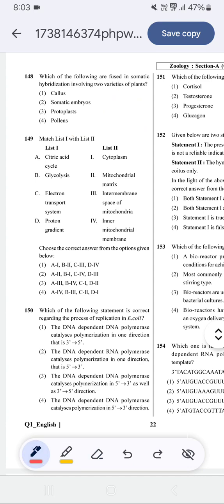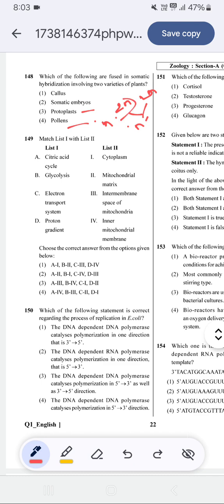So here the answer will be protoplast. Why the answer will not be pollen? Pollens are haploid cells. So in this somatic hybridization, we require fusion of two diploid cells. Only then a haploid cell will be formed.